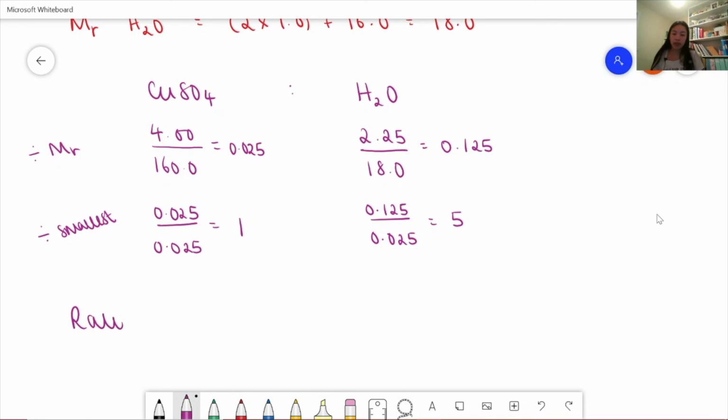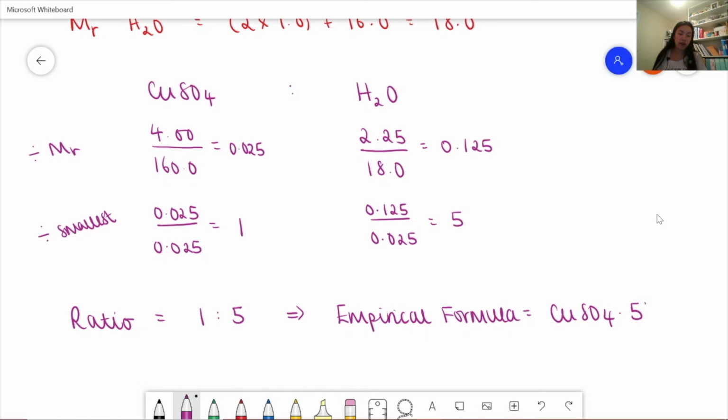So we have that the ratio is equal to 1 to 5. And so we have that the formula is equal to CuSO4·5H2O. So because we haven't been given a molecular mass, this means that this is just the formula of this compound. So it's not just the empirical formula.